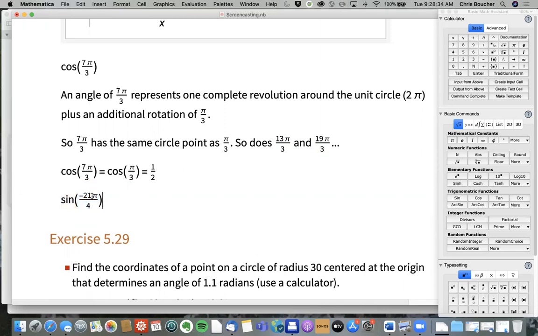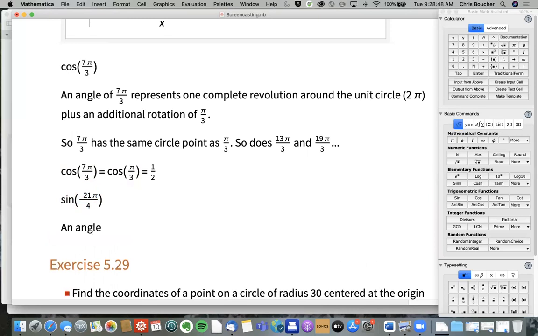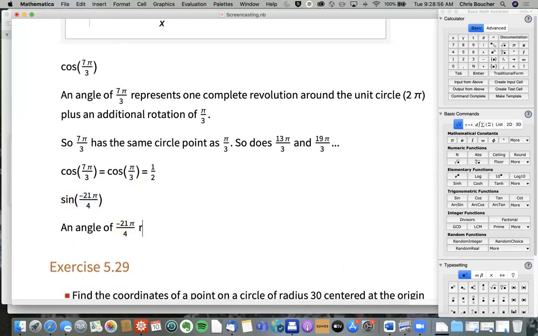I want to figure out how many pi's this is. 21 over 4 is 5 1/4. 2 pi is once around the unit circle, so an angle of this much represents 2 complete clockwise revolutions, that would be negative 4 pi.